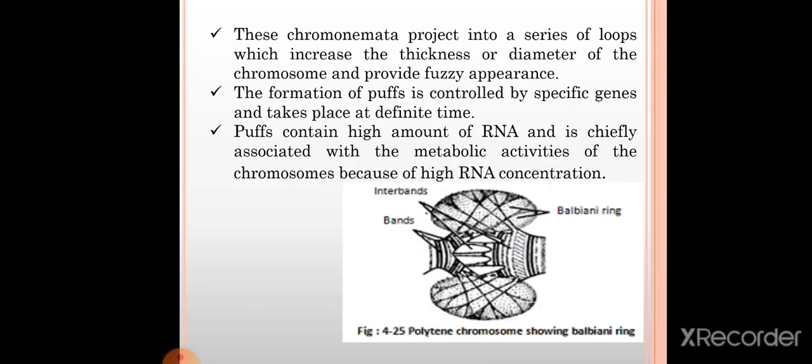The formation of puffs is controlled by specific genes and takes place at a definite time. Puffs contain a high amount of RNA and are chiefly associated with the metabolic activities of the chromosomes because of high RNA concentration. This diagram shows you the oversized puff which results in the formation of Balbiani rings, and you can see the looping out of chromonemata as well.